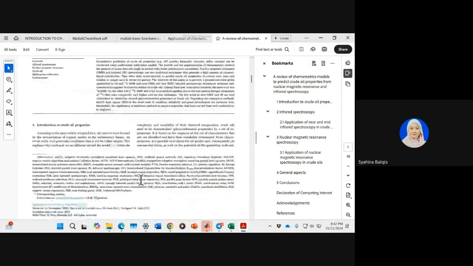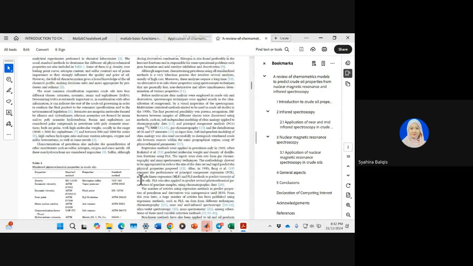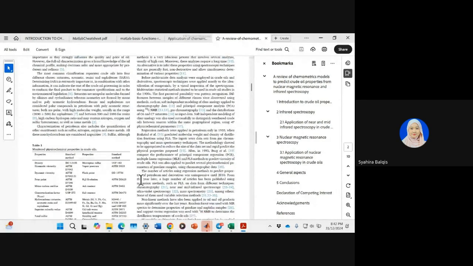And also, which I mentioned before, they suggest that PLS regression is the most commonly used method, and they also suggested that they need more study that utilizing the non-linear method and also the carbon NMR to fully leverage the potential of chemometrics in crude oil analysis.